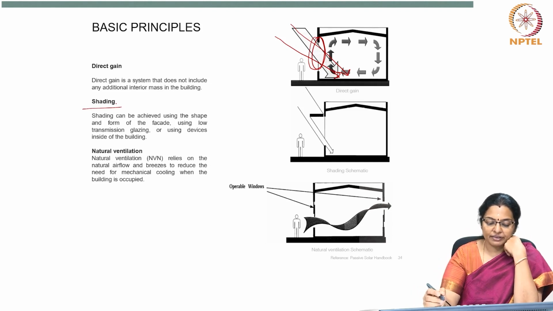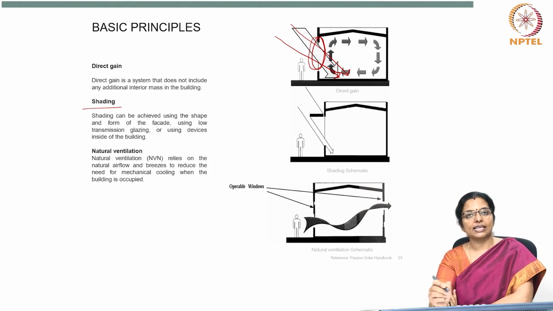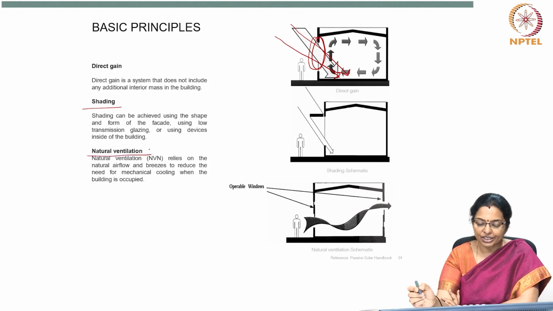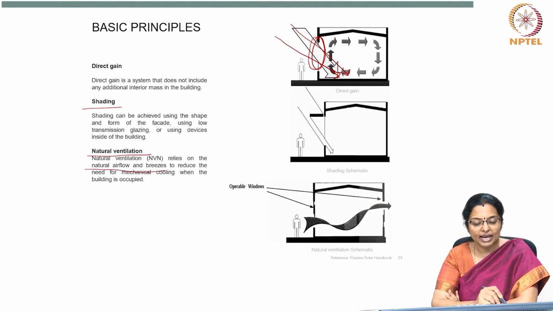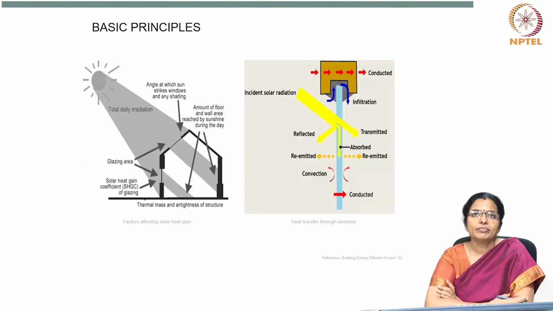This can be achieved using the shape and form of the facade, using low transmission glass, or using certain devices inside the building. Third is natural ventilation, which relies on natural airflow and breezes to reduce mechanical cooling when the building is occupied already. Now let us look at thermal mass and air tightness of a structure.